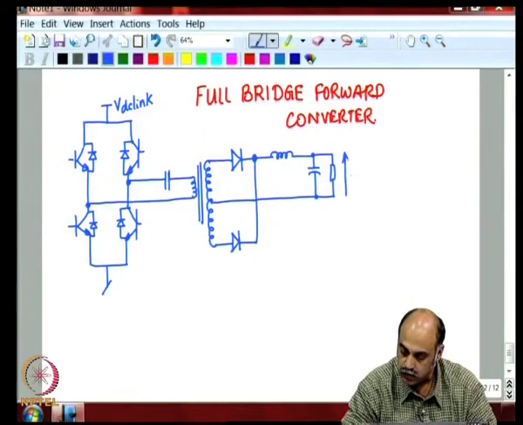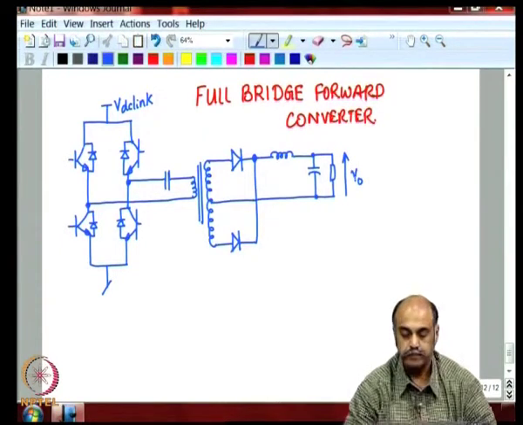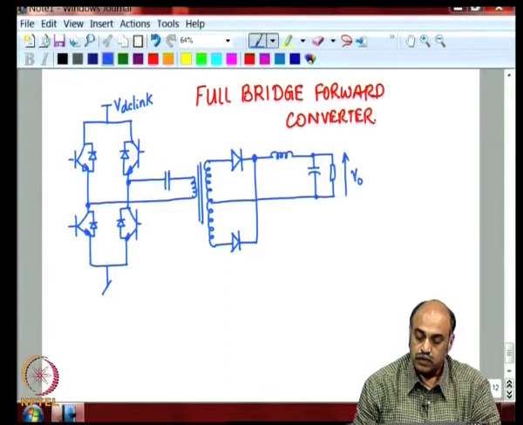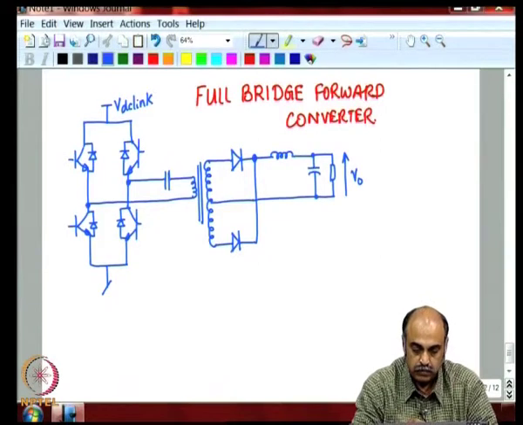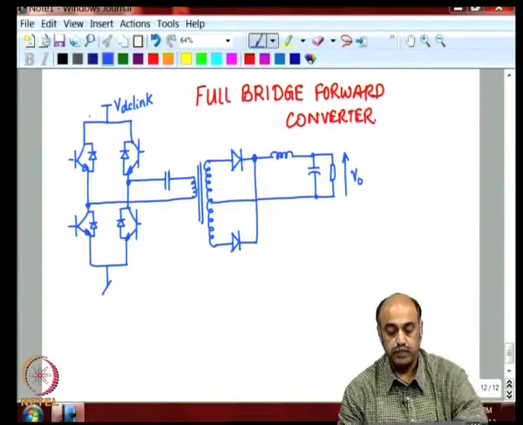And this is V naught. So, this is one secondary, one primary and the input power supply.